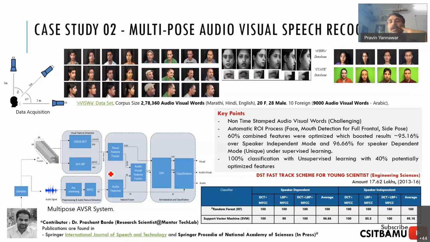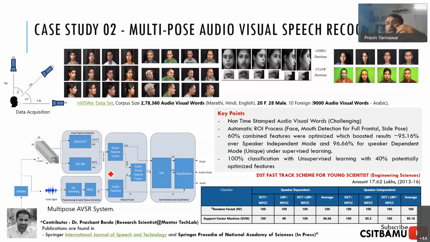Lip movement plays an important role as an additional cue for enhancing speech data. So this research work has contributed in that area, where visual cues contribute to the recognition of speech.